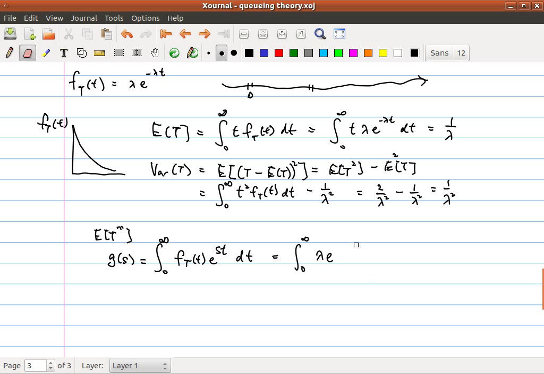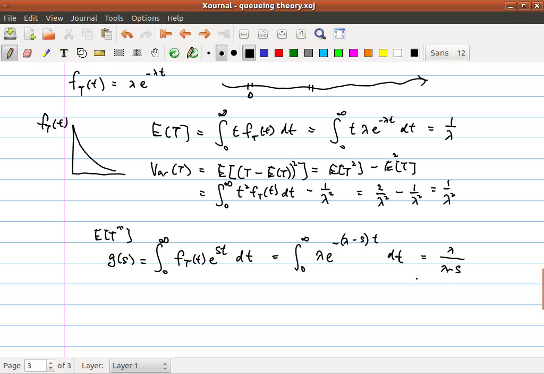It's basically e^(-(lambda minus s)t) dt, and actually this would be just equal to lambda over, let's see, lambda minus s, I believe. Yeah.